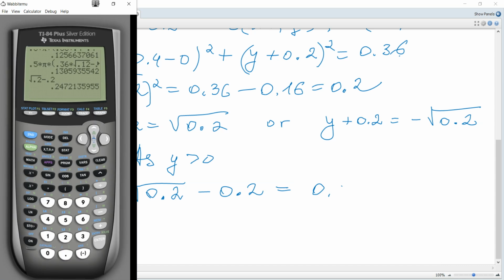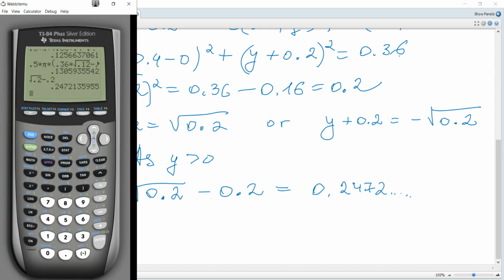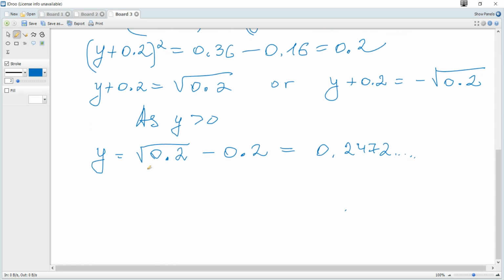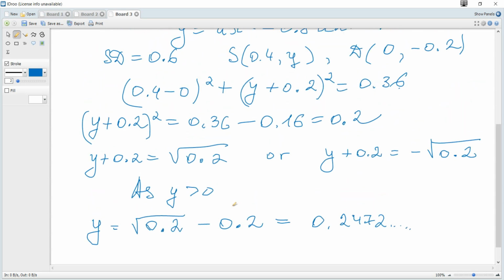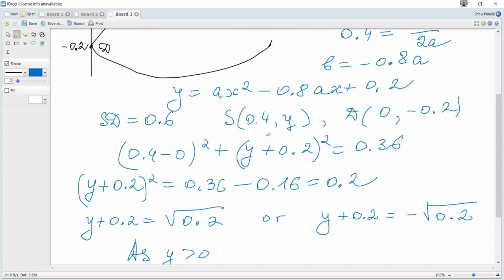It's not the final answer, so let's keep it to be the exact: 0.2472 and so on. And hence coordinates of S become 0.4 and this y.